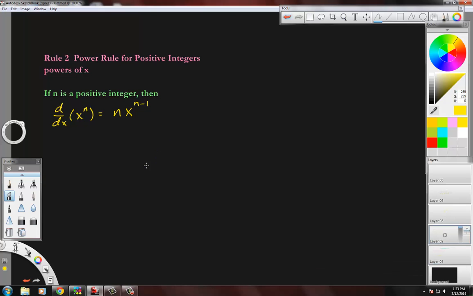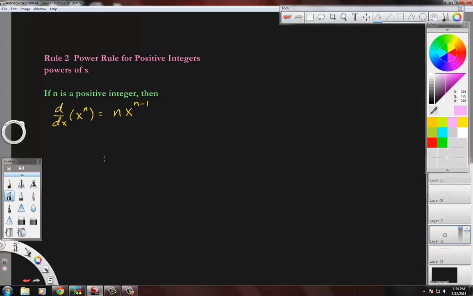So what this means is this alleviates so many problems that you've had in the past. For example, instead of using the definition of a derivative, you can just do this now.